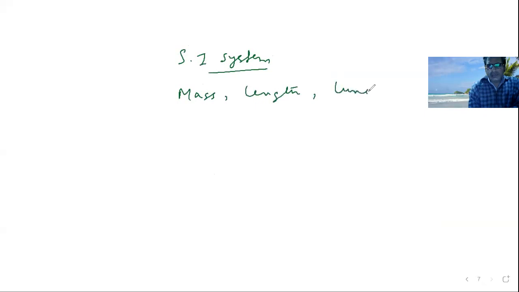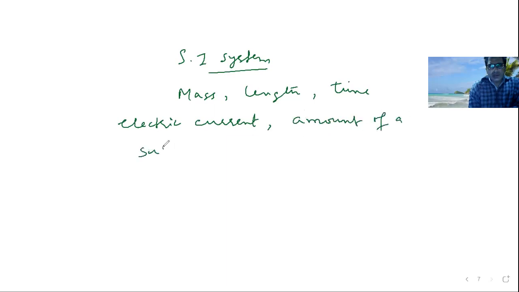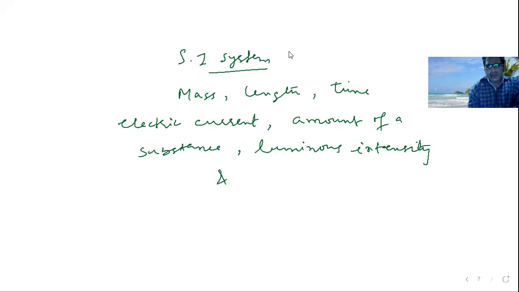So we know in SI system, we have 7 base quantities: mass, length, time, electric current, amount of a substance, luminous intensity, and temperature.